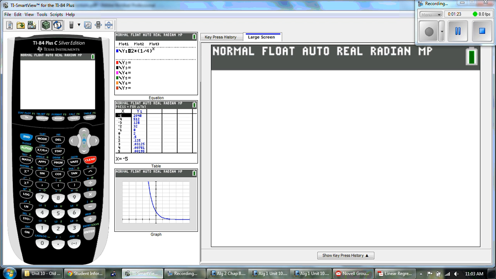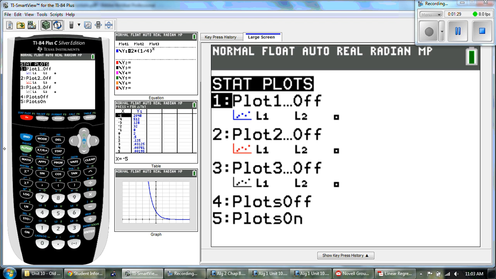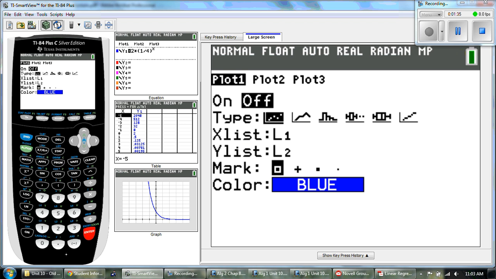Here's my graphing calculator. It's telling me that I have to hit second, y equals, and then I need to press enter. I need to make sure that plot 1 is highlighted, which it is, and I need to make sure all of those other ones are selected.